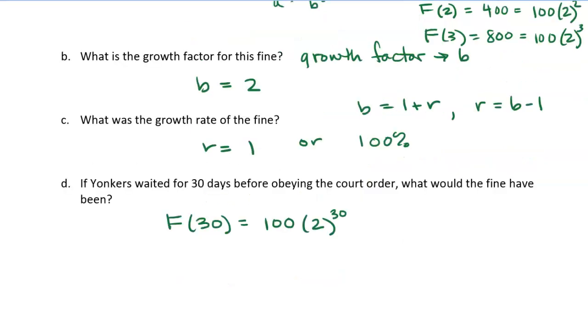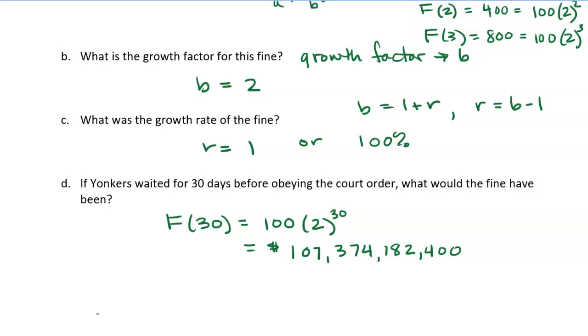What do we get? If I put that into my calculator, I get a darn big number. It'll probably come out in scientific notation on your calculator if you do this, so you have to know how to convert numbers from scientific notation. But what I got was 107,374,182,400.